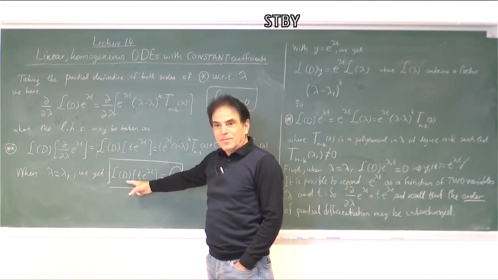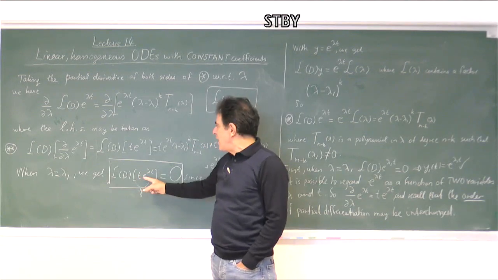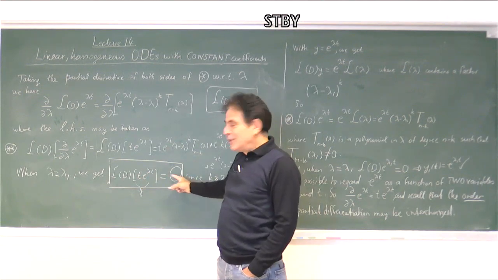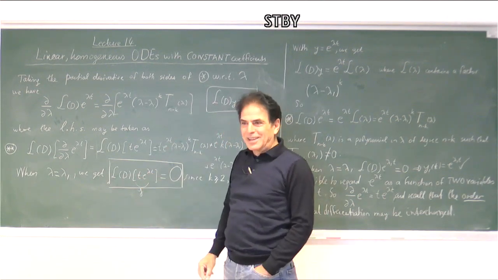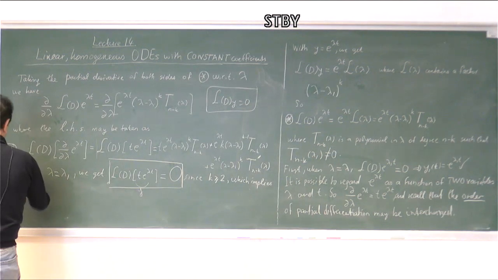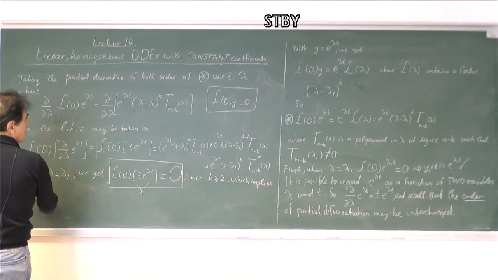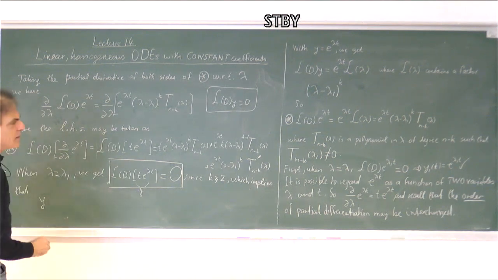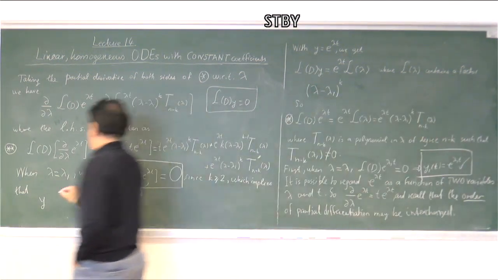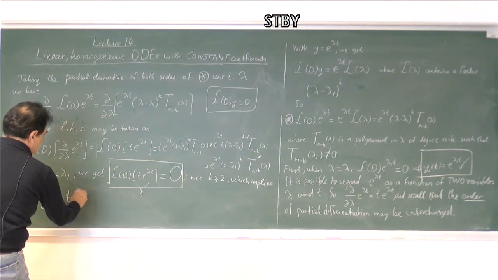So we see that if we substitute t times e to the power lambda t for y, the result is 0. So t e to the power lambda t is a solution, which is a second solution when lambda is lambda 1. We have already written y1 here, so let us denote this y2, t times e to the power lambda t.